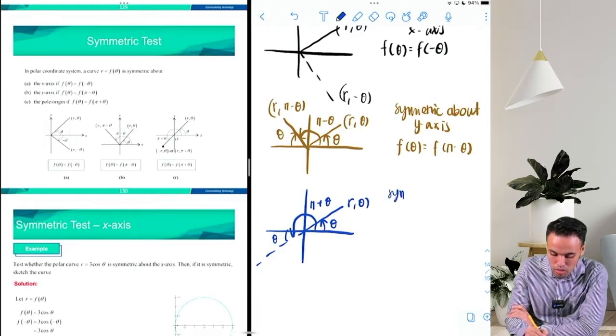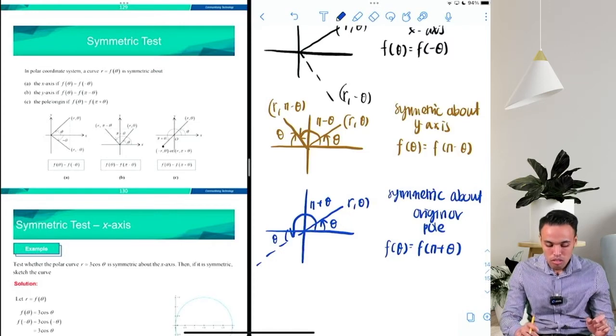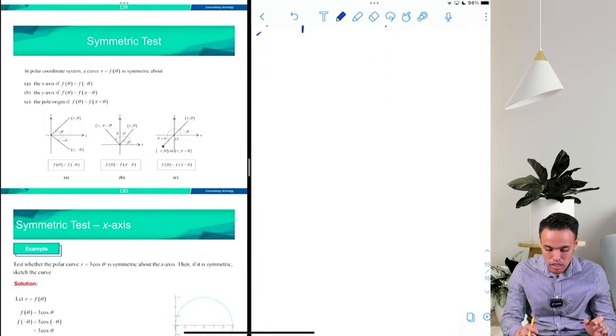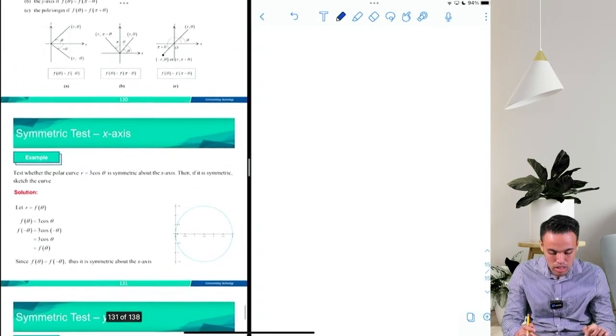So if you want to show that the curve is symmetric about the origin or pole, we should show that f theta is equal to f pi plus theta.